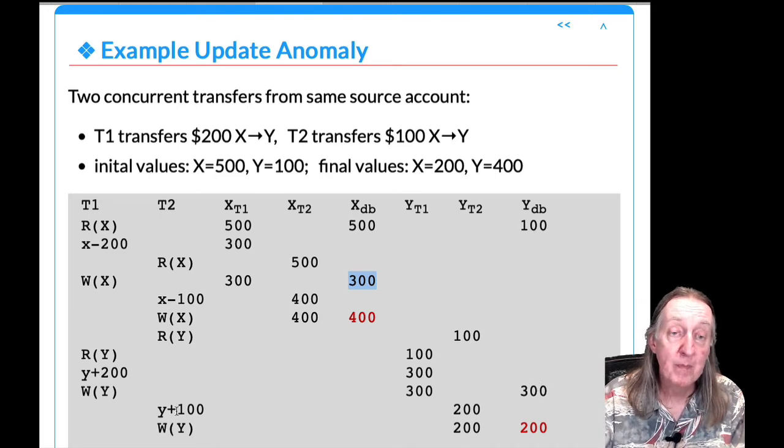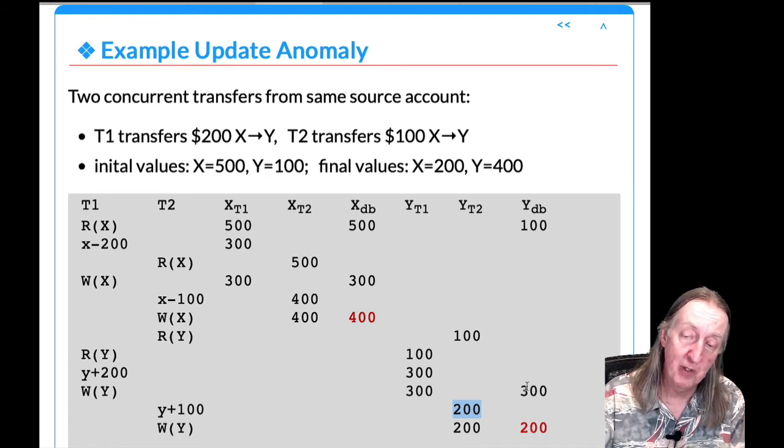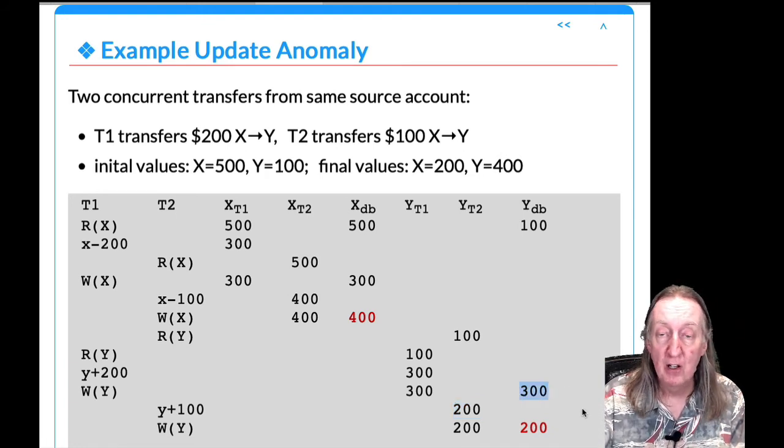And then T2 takes the Y value that it read in before, adds 100 to it, and then writes that value to the database. Once again, the same kind of problem as before. The effect of T1 has been overwritten by the effect of T2. So rather than having X with a value of 200 and Y having a value of 400, we've ended up with X in the database having 400 and Y having 200.